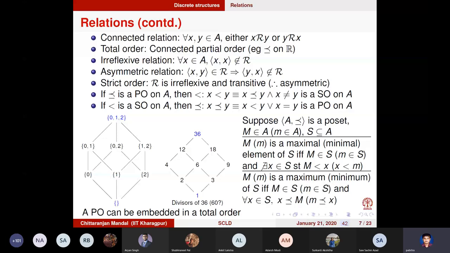All elements of that subset are related by this partial order, less than or equal to capital M and similarly greater than or equal to small m. So maximal is kind of defined from outside: there is nobody above this. Whereas the maximum is defined from inside: everybody inside is below this.